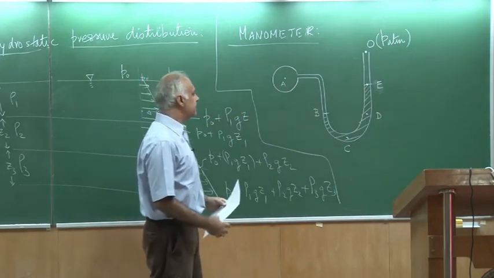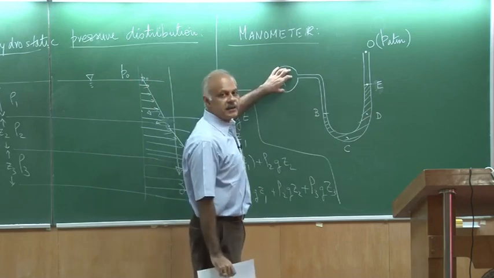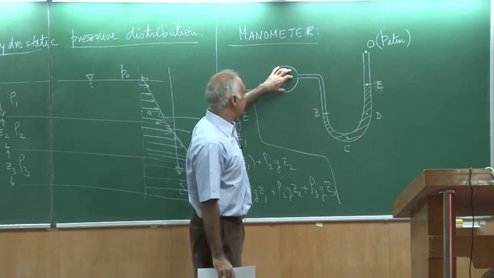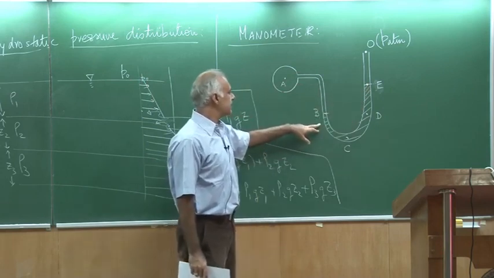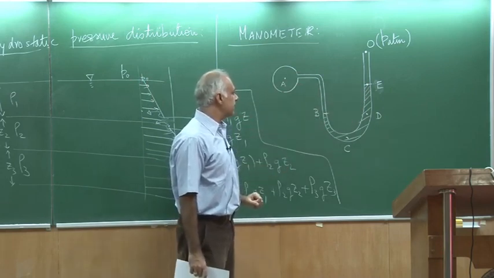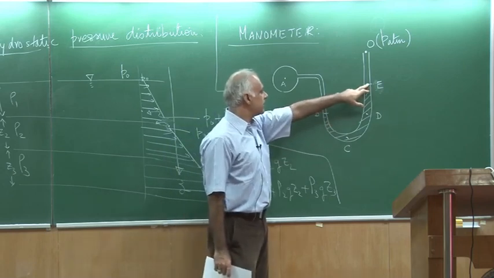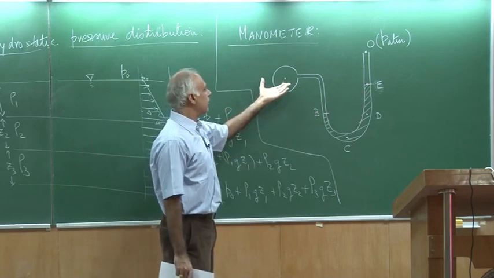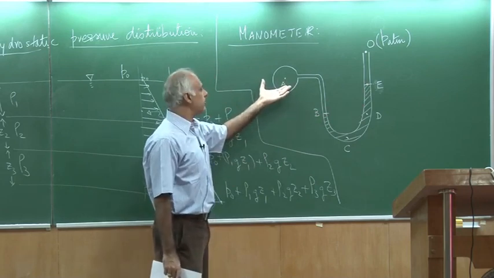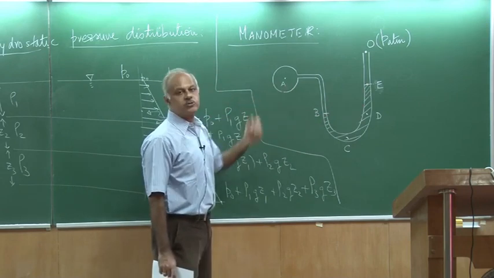The setup is that there is a certain pressure inside this bulb, and that causes this fluid to take this kind of a position where this column E is at a higher level than B, and we are interested in finding out the relationship of the pressure at A to the atmospheric pressure.